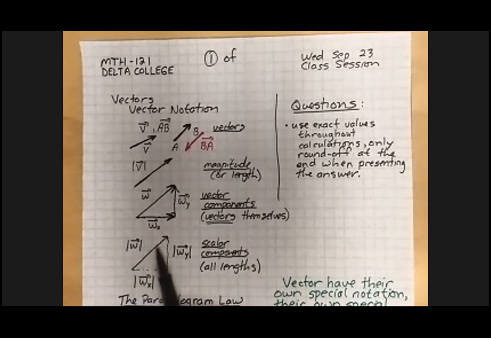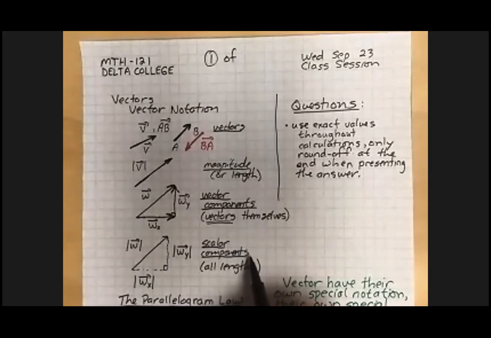If I only want to consider the lengths, here's a vector with a length, magnitude of W. And here are the vector components, but I'm only interested in their length, 5 feet or 3 miles per hour. So if I slap magnitude bars on everybody, if I'm only talking about their lengths and not their directions, these are called the scalar components of the vector, the constant components of the vector, the magnitude components of the vector.